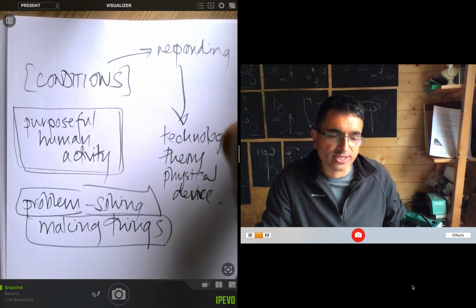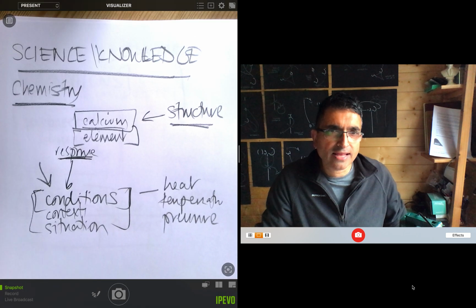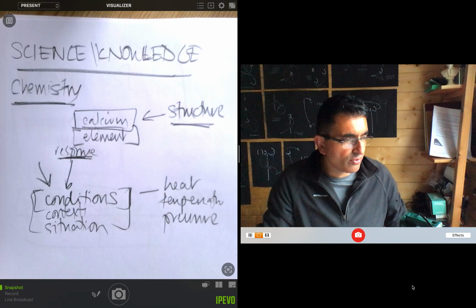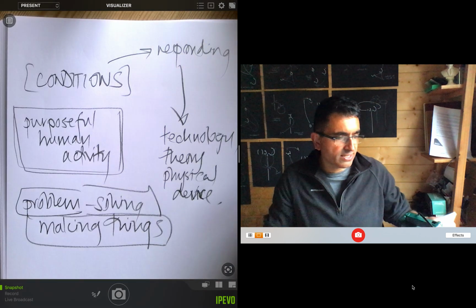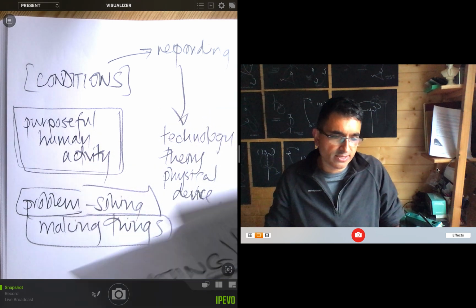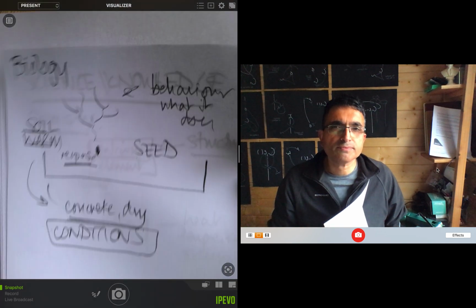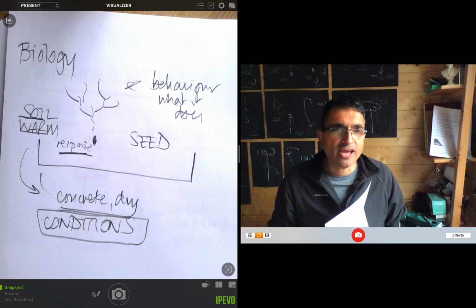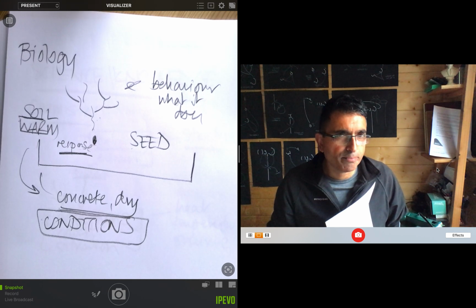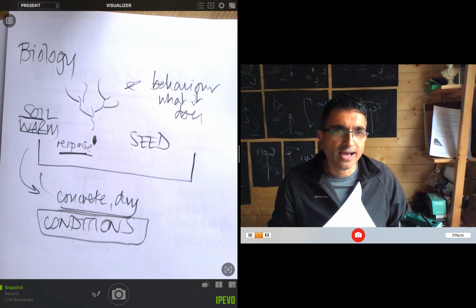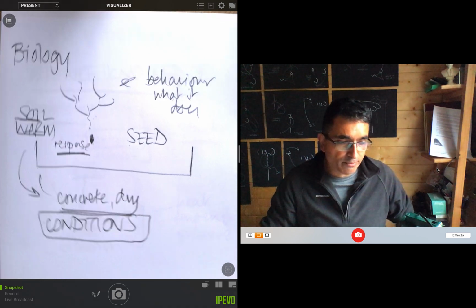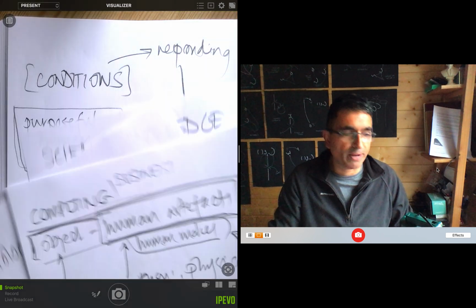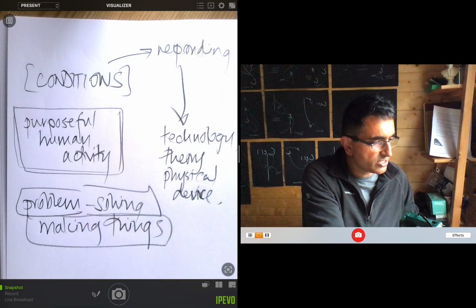If chemistry and the natural world operate on this principle, and biology is my nice little example here, that everything in the natural order of which we're part is a response to a set of conditions, and you want to understand it, from seeds, down to single cell organisms, down to human beings, down to technology, it is all about responding to a set of conditions.